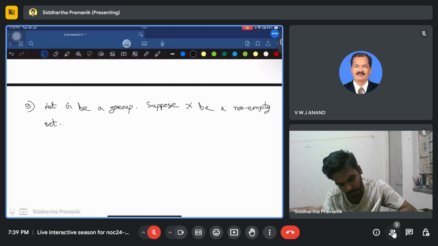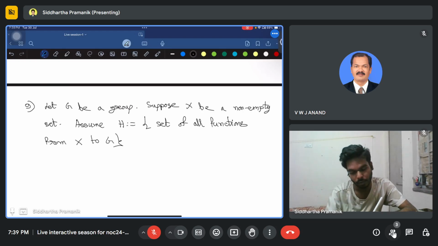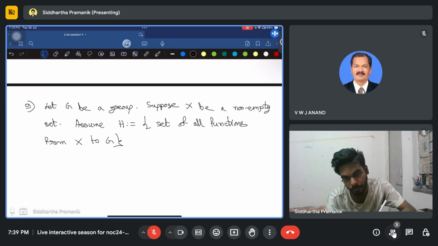Now assume H equals the set of all functions from X to G. So H is the collection of all possible functions from X to G.